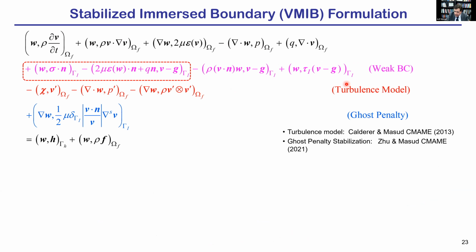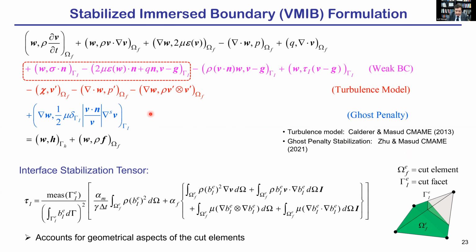And we can add to it domain interior stabilization, where in our work we have used the turbulence model that was developed based on VMS ideas, where the first term takes care of the high advection effects and mass conservation, and these are fine fluctuations of the velocity field. We can also add ghost penalty type methods. These terms are added along the embedded interfaces to control the oscillation of the velocity field. And in a paper in CMAME in 2021, we showed that this ghost penalty term can be derived and can be shown to be a type of interfacial stabilization.